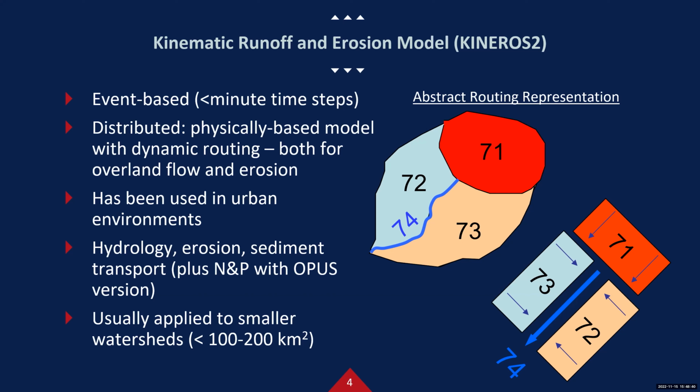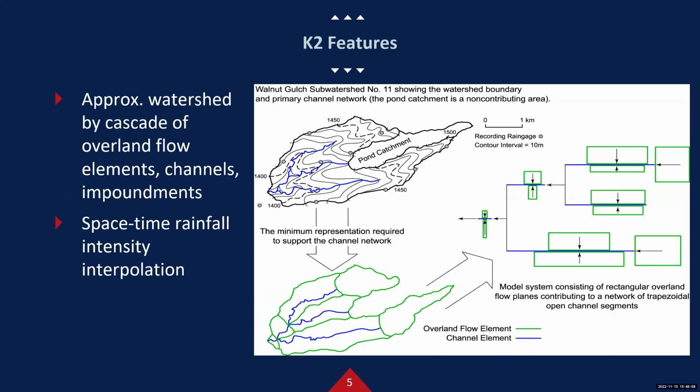As I say, we've applied it to much larger watersheds in a relative change analysis, but there's more computational time involved once you get thousands of elements if you want to keep them relatively small.